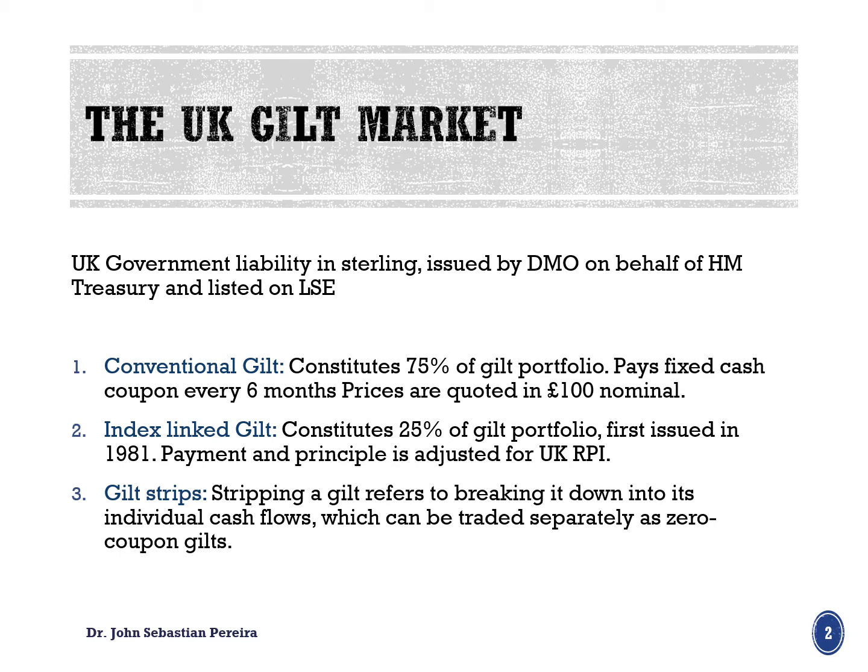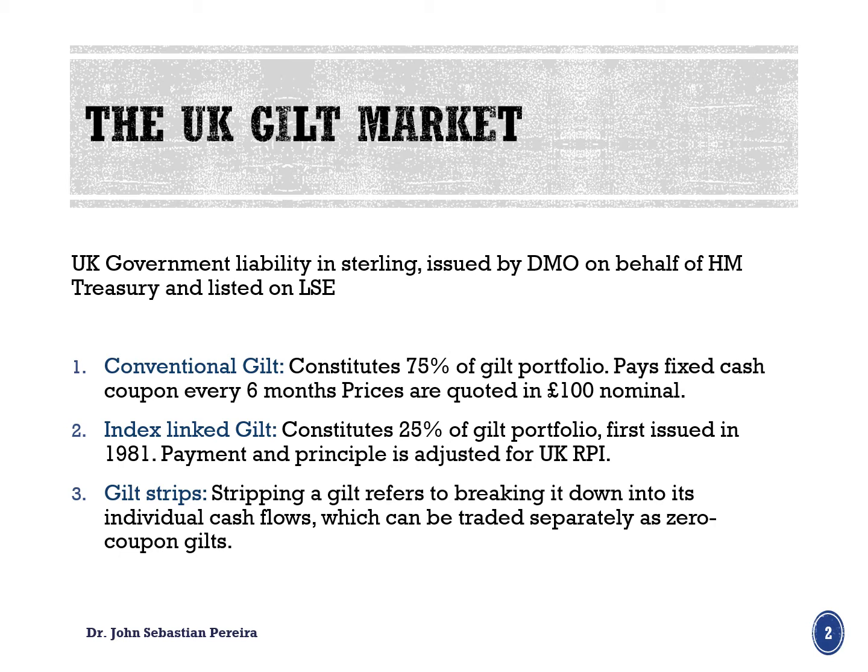However, there have been cases where developed countries, even the US, have defaulted on their risk-free investment options. In the UK, the risk-free investment option is called the gilt market.